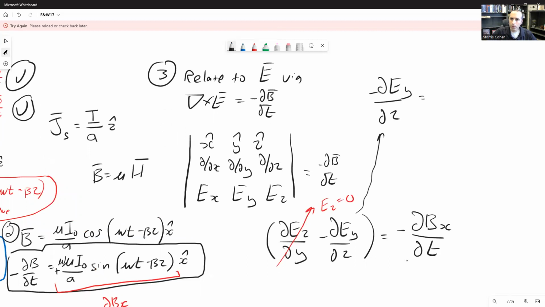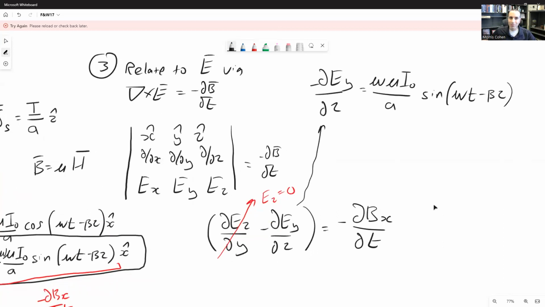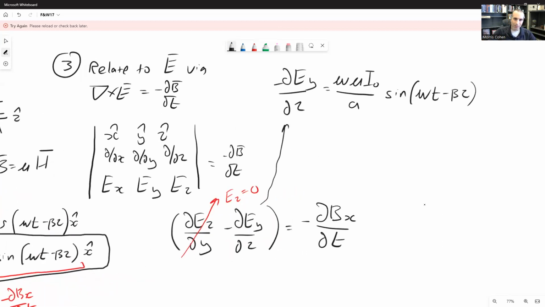And so this equals omega times mu times I0 over A times the sine of omega t minus beta z. All right? So we are almost there. You can see we are very close to being able to actually figure out what the electric field is. And so step 4 is to calculate the voltage between the plates.